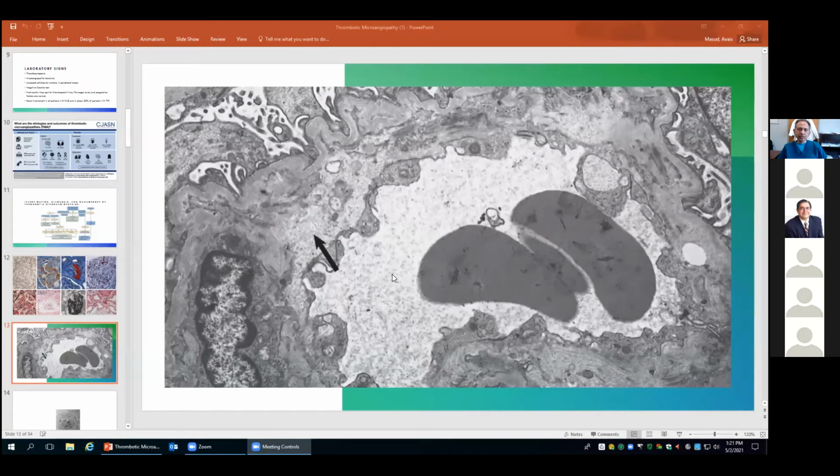And that's the electron microscopy of the glomeruli. You can see that the endothelium is detached, and there's a fluffy material accumulating here, separated from the basement membrane. As this process continues, the basement membrane thickens and this disappears. This is not specific for any particular TMA.